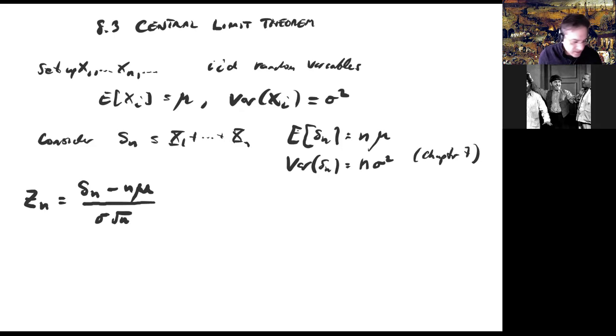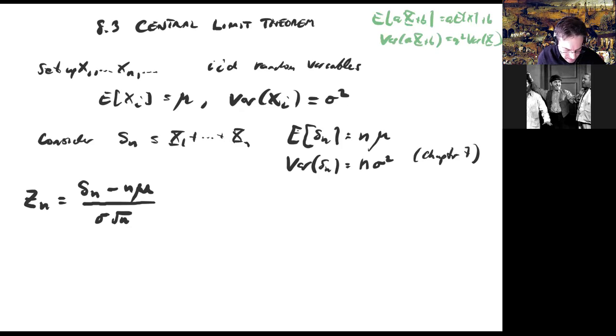And using the fact, I'll put it up here, that if you have a random variable of the form aX plus b, the expected value is aE[X] plus b, and the variance of aX plus b is a squared times the variance of X. So if you have something like that, and this is something like that, you can break up this fraction to have that form.